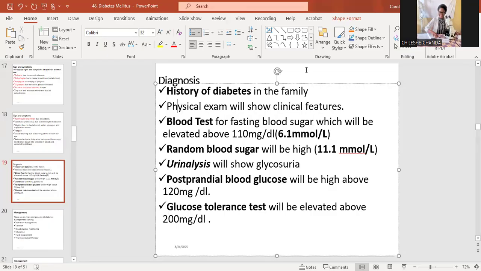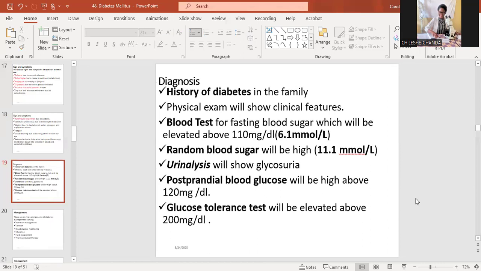For example, if the patient is in hyperglycemia, the patient's skin and mucous membranes will be dry. You do a blood test, and fasting blood sugar will be elevated above 6.1 millimoles per liter. Random blood sugar will be above 11.1 millimoles per liter.